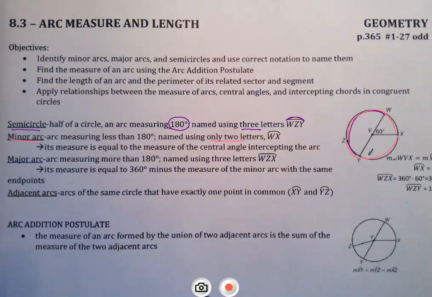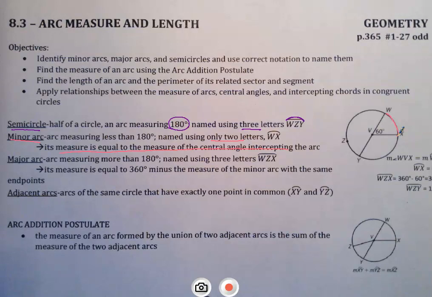Now, the cool thing about these is its measure is equal to the measure of the central angle intercepting the arc. Those are all arcs, but we usually have the central angle in there. So this arc, WX, is equal to 60, because the arc measure is equal to the measure of the central angle.